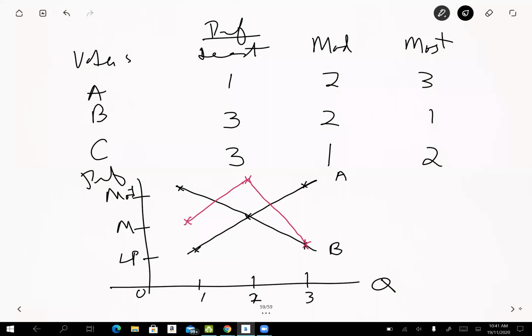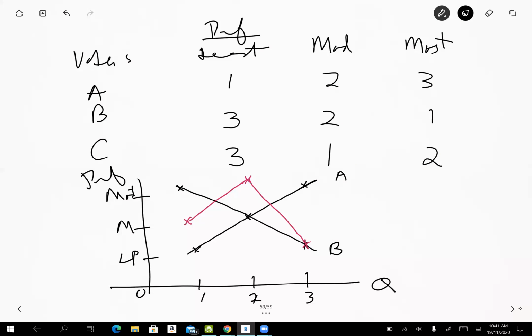You've got 3 quantities, so you have to do every pair. That means 1 against 2, 2 against 3, 3 against 1. So there will be 3 pairwise elections.